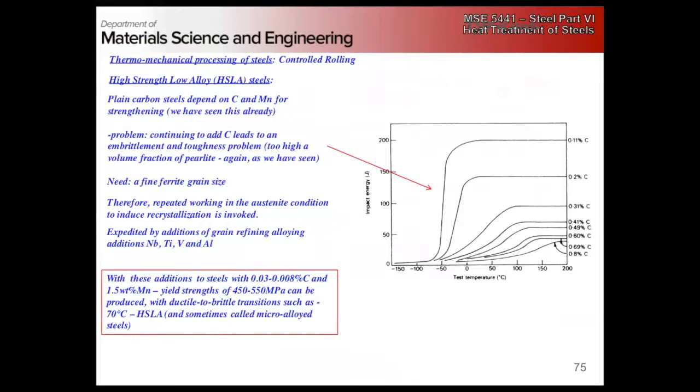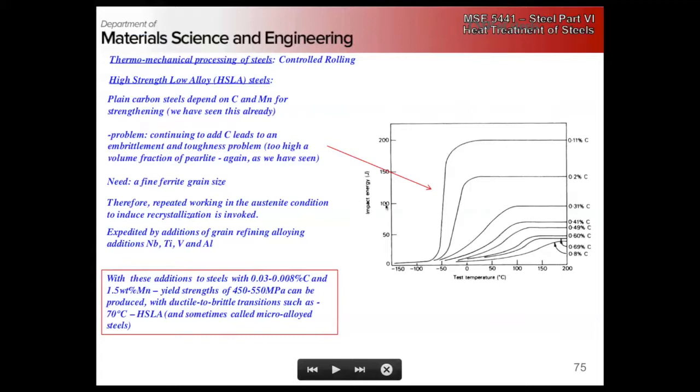It's expensive to do hot working, so we don't want to do it unless we have to. If we think about what's in plain carbon steels, we've got carbon and manganese for strengthening.